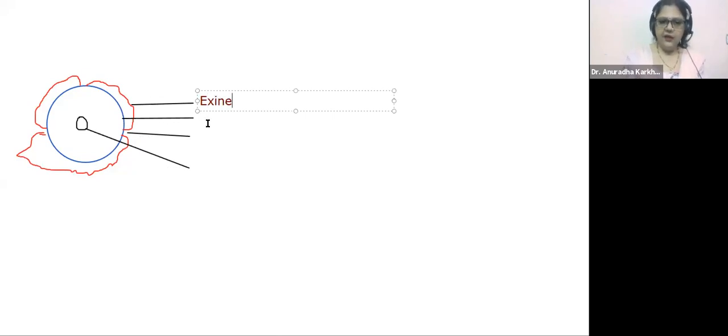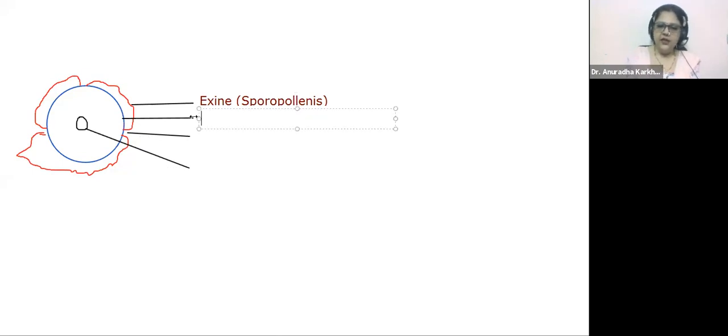This is the exine, which is going to be made up of what, beta? Made of sporopollenin. So this is going to be made up of sporopollenin, right? Yes, Jaya, correct answer, beta.